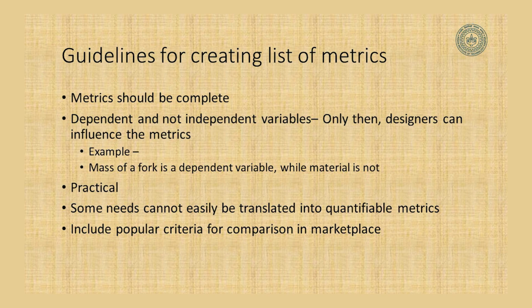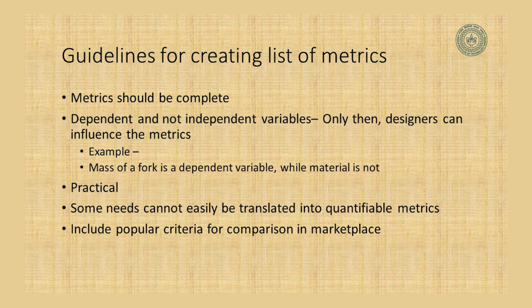For example, the mass of a fork is a dependent variable, it depends on the design. If you change the length, breadth, height of the fork, then the material will be more, so its mass will be more, okay. So, the mass of the fork is a dependent variable that depends on your design, whereas the material is not dependent on the design.